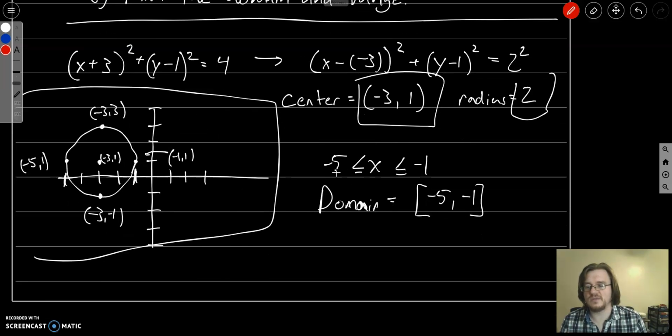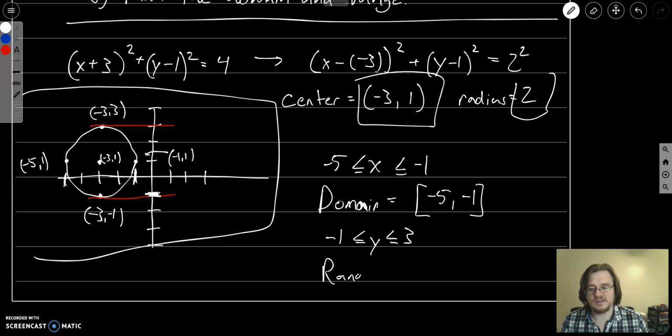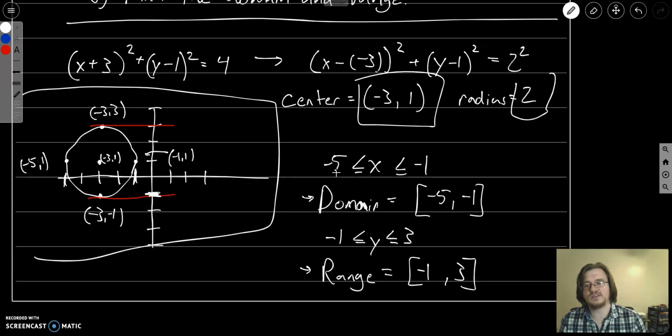The range is all the y values. So we can see that's the highest y value, and this is the smallest y value, which should be right at negative 1. For the y values, y never gets bigger than 3, but it never gets smaller than negative 1. So the range, all of the possible y values, are going to be from negative 1 up to 3, including negative 1, so a square bracket, and including 3, so another square bracket. So here are the domain and range of this relation, of this shape.